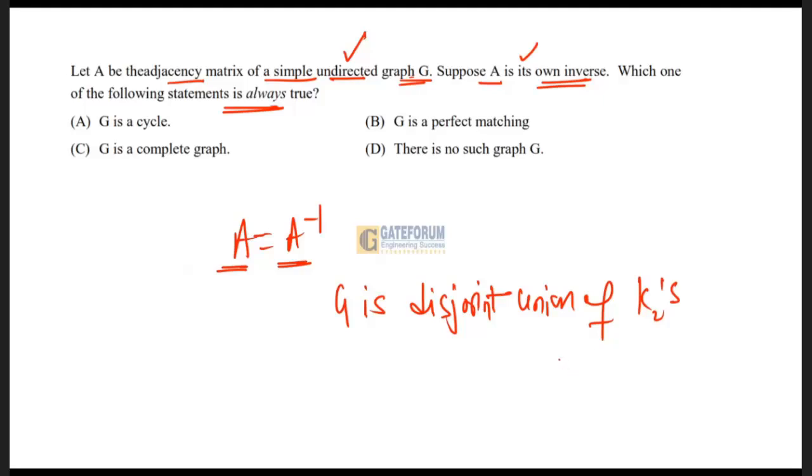So G is a cycle? No. G is a complete graph? No. There is no such graph? No. There may be such a graph. G is a perfect matching. Perfect matching, it is the correct answer. Option B is the correct answer for this particular question, which was asked from graph theory for 1 mark. I hope it is clear.